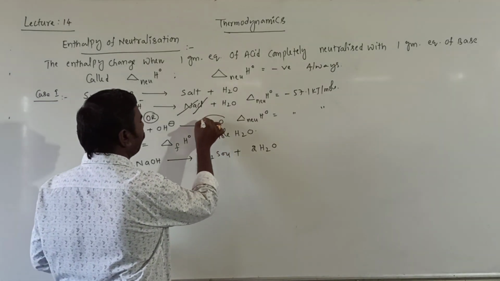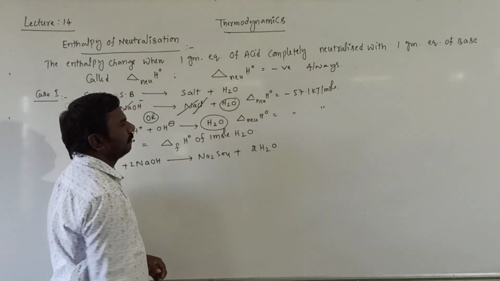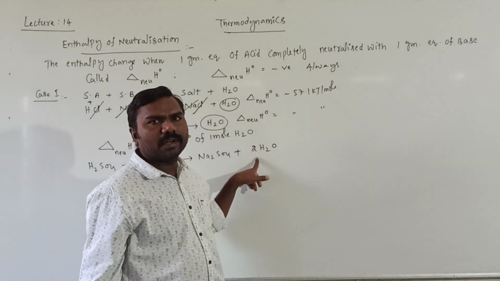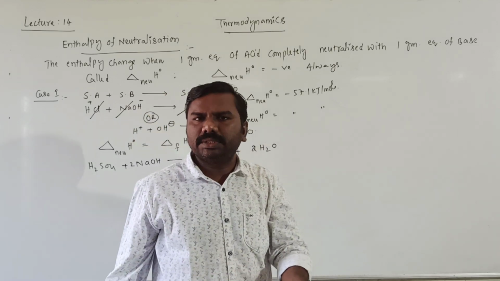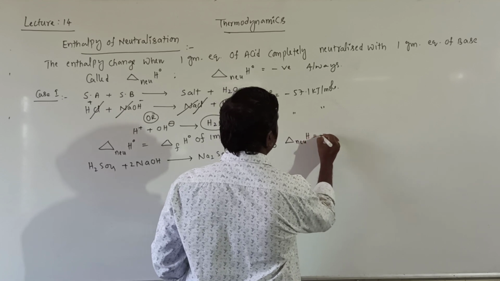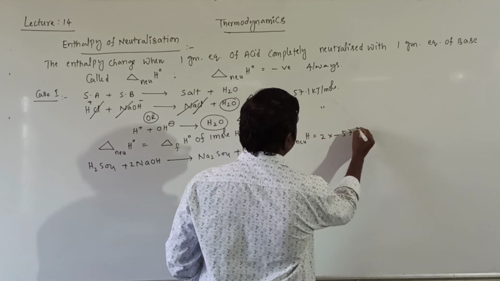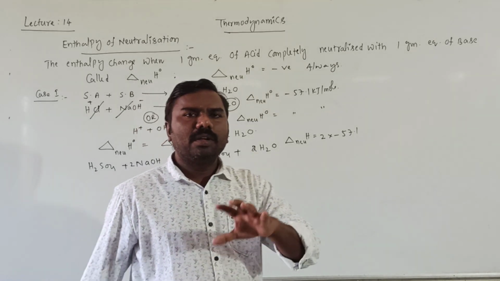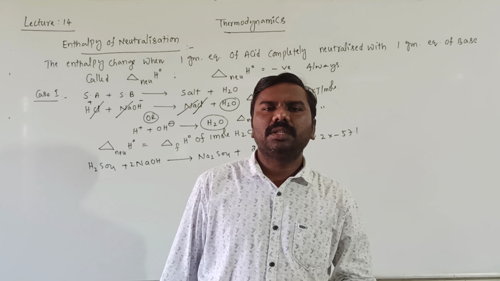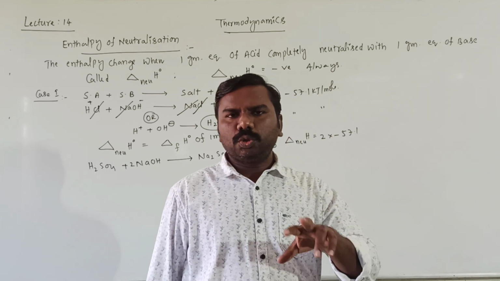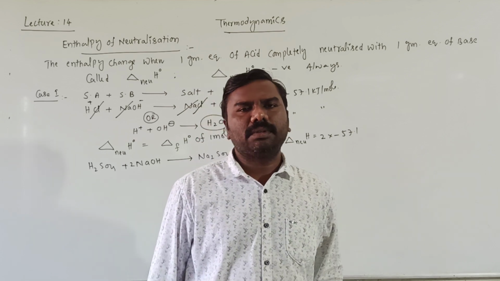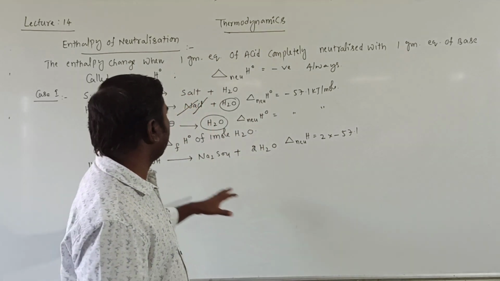If 1 mole of water is formed, it is minus 57.1; for 2 moles of water formed, enthalpy of neutralization is 2 into minus 57.1. Very important: for 1 mole formed, only 57.1 kilojoules of energy is released. This is the data given experimentally. Right? This is case 1.